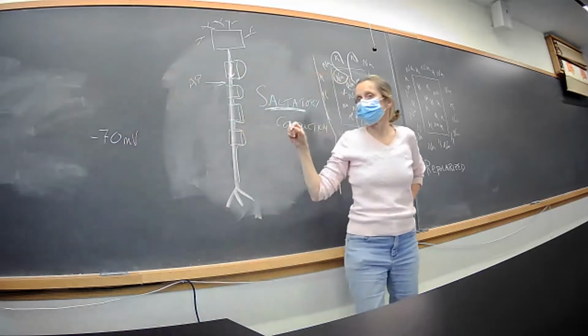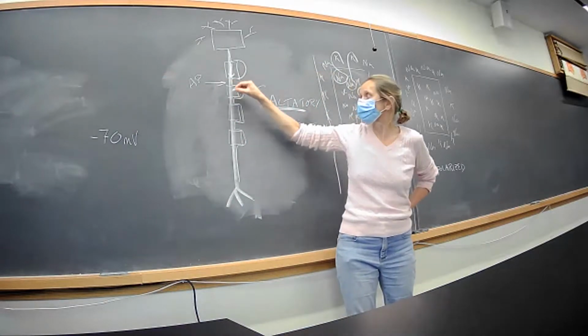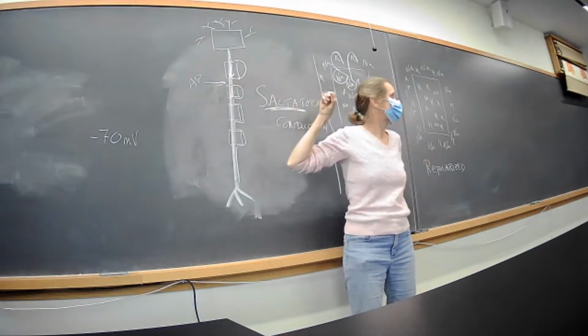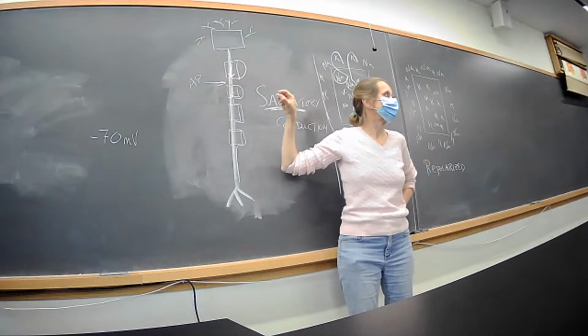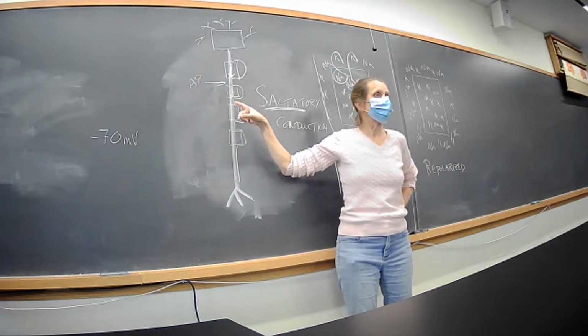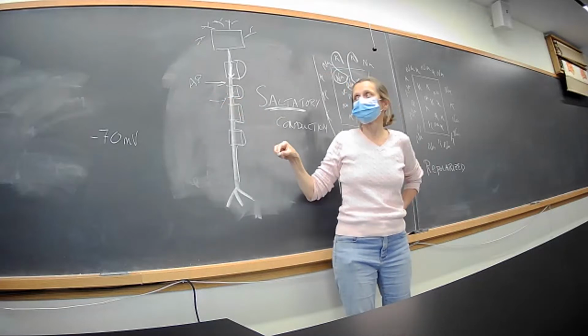You have an action potential in the node of Ranvier, then you're going to have another electrical current carrying the information along underneath the myelin sheath until you get to the next node of Ranvier, where you'll have the action potential occur.